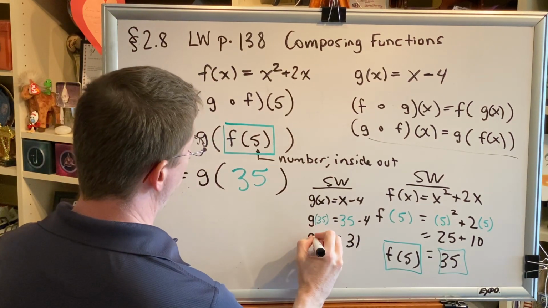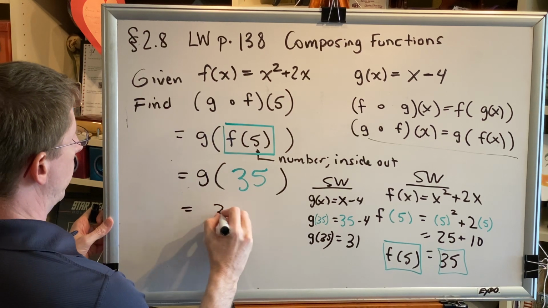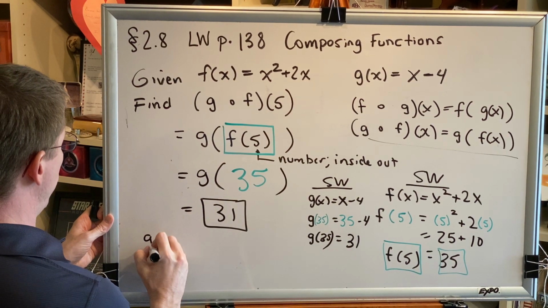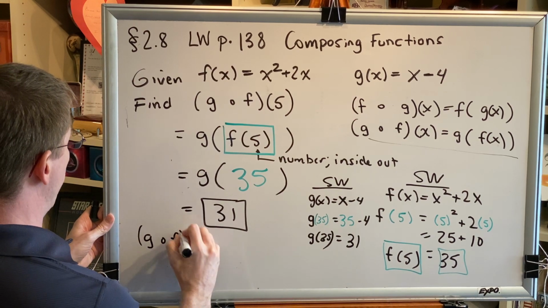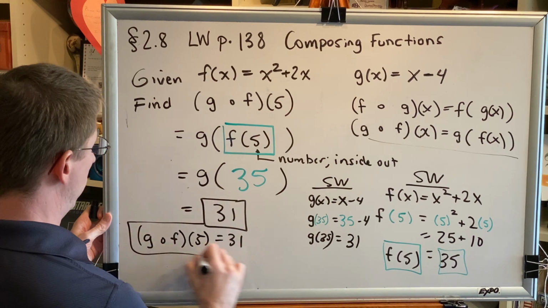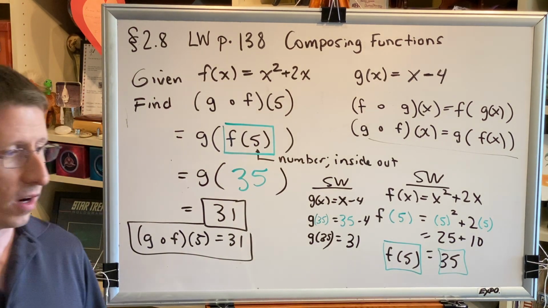So g of 35 equals 31. And therefore the answer to our question is 31. If you'd like, you can write your answer as g composed with f of 5 equals 31. Okay, both of these ways of writing your final answer are acceptable as far as I am concerned.